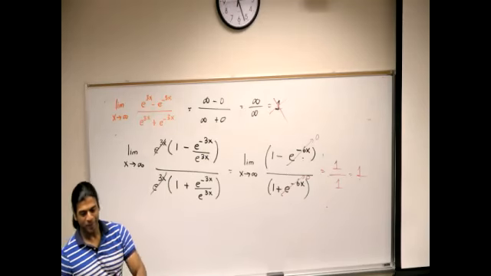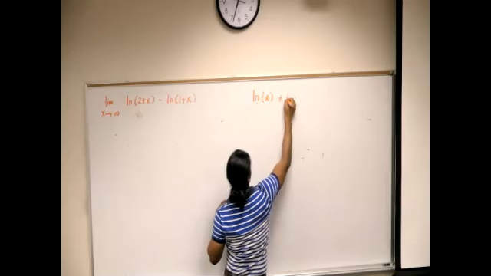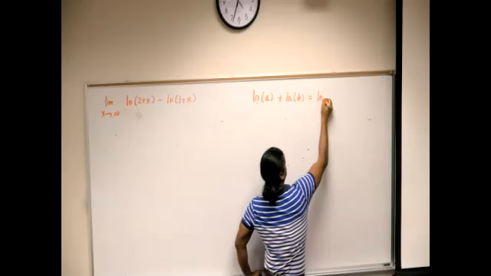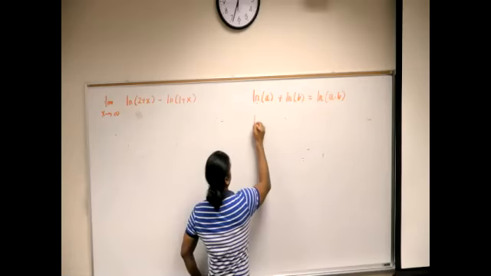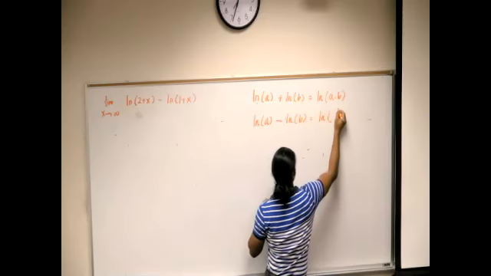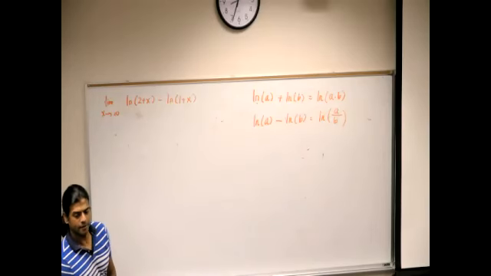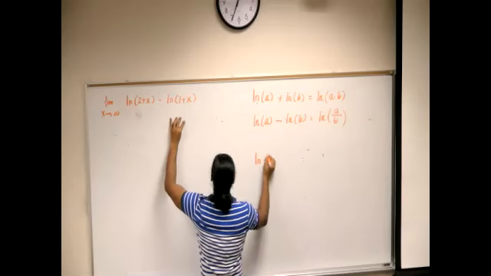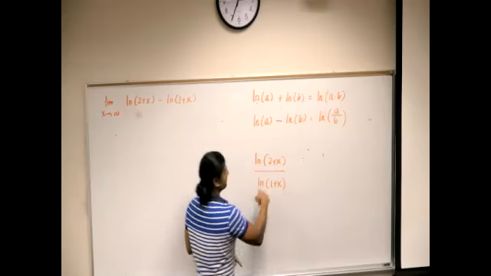Then we end up, if we have ln of A plus ln of B, that is equal to ln of A multiplied by B. If we have ln of A minus ln of B, that would be ln of A divided by B. As I went around, if you did this partially, remembered, but you wrote it this way, that is incorrect.